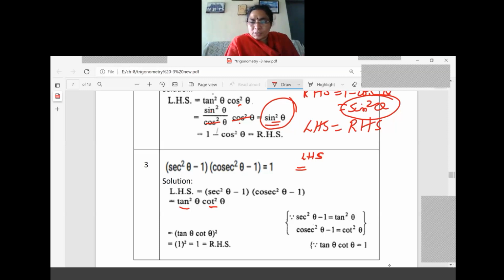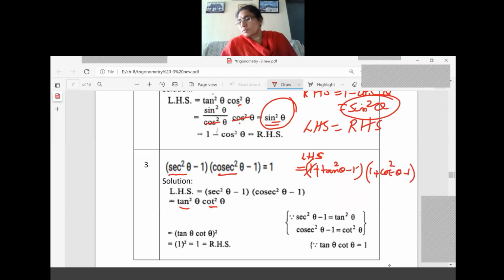So only sec square theta I'm considering, and I'm writing here 1 plus tan square theta minus 1 already there. Instead of cosec square theta, what I can write? 1 plus cot square theta. So the plus 1 minus 1 will get cancelled. Here also plus 1 minus 1 will get cancelled. So what is remaining? Tan square theta into cot square theta. Same way only you are going to get it.